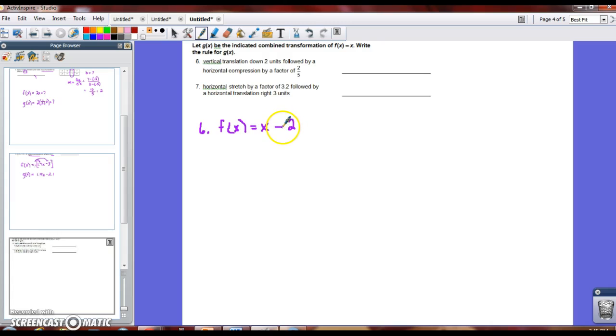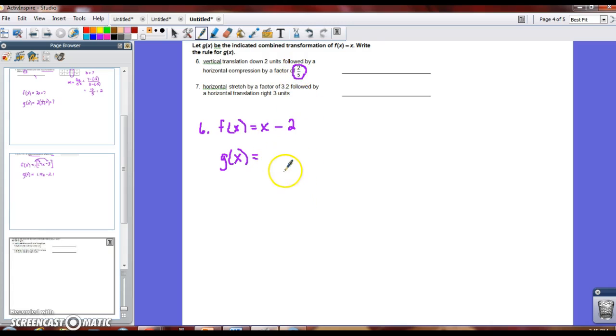Then it says, followed by a horizontal compression by a factor of 2/5. So now I have to remember when we do a horizontal compression or stretch, we're replacing x with the reciprocal of that scale factor.